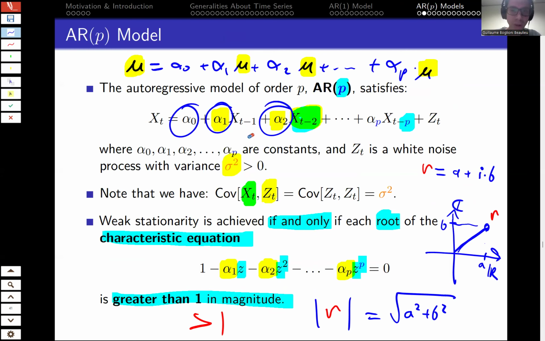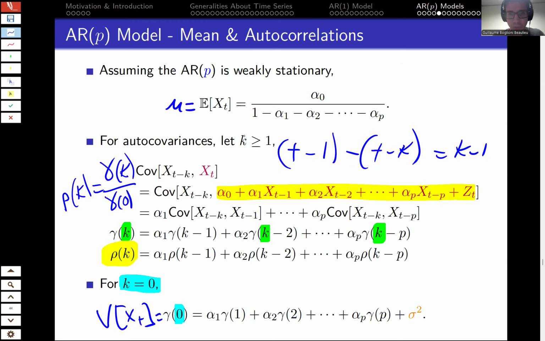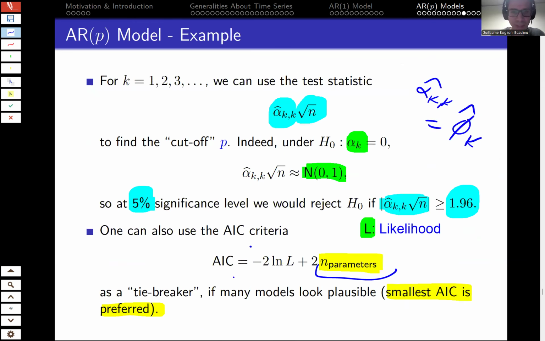AR3, of course, has 5 parameters, so that's more parameters: alpha 0, alpha 1, alpha 2, alpha 3, and sigma squared. So if you increase the order, maybe you get a better fit, a better likelihood, but because you're increasing the number of parameters, you might actually make your AIC worse.